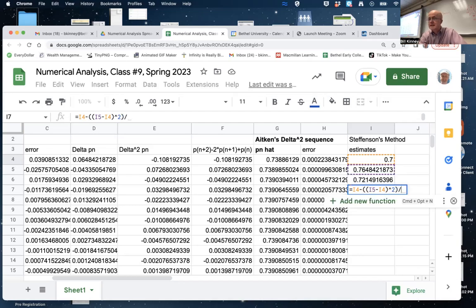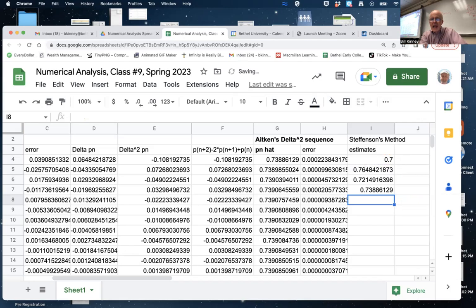I'm using more parentheses than I need to here, but divide by delta squared Pn, that would be this number, track with me here, minus 2 times this number, plus that number. This number, minus 2 times this number, plus this number. Yeah, this is the same as that. Watch, this is the same as that. So it seems like we're going slower at first.